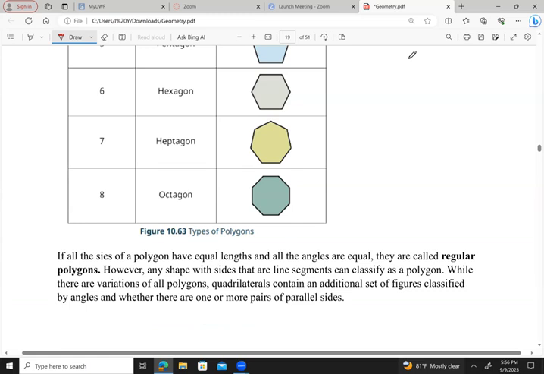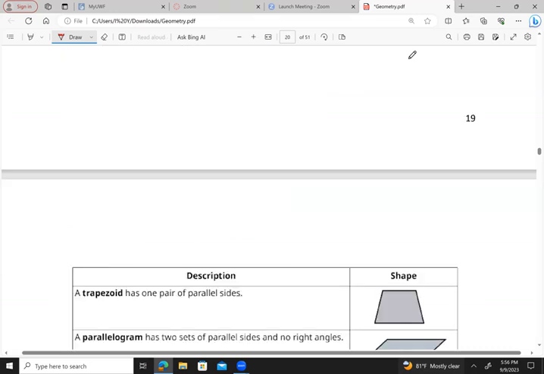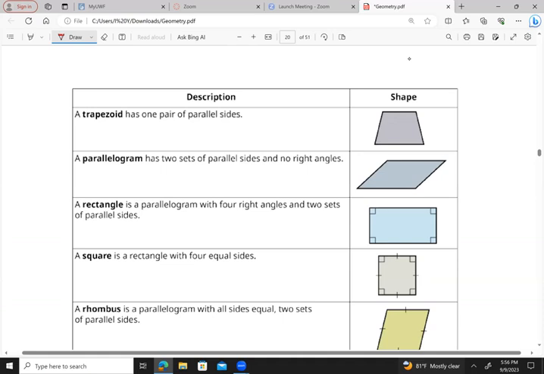Now, however, any shape with sides that are line segments classifies as a polygon. While there are variations of all polygons, quadrilaterals contain an additional set of figures classified by angles and whether there are one or more pairs of parallel sides. So talking strictly about quadrilaterals, we have a trapezoid, which has one set of parallel lines.